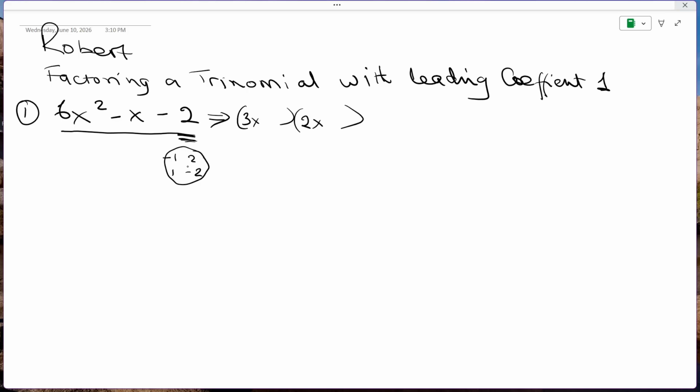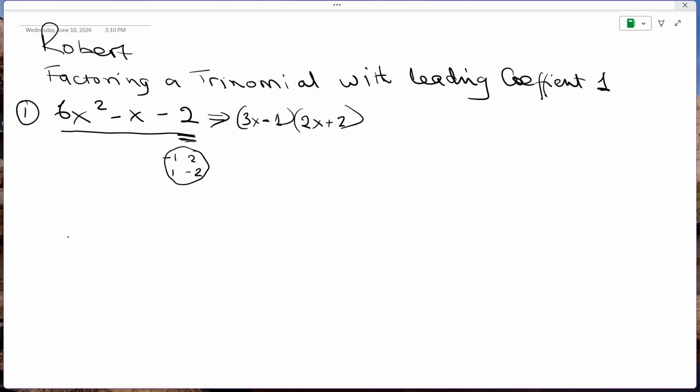And again, we have to choose which one will go into the first parenthesis and which one will go into the second parenthesis. So let's suppose we choose negative 1 to go into the first parenthesis, and then, of course, 2 will go into the second one.